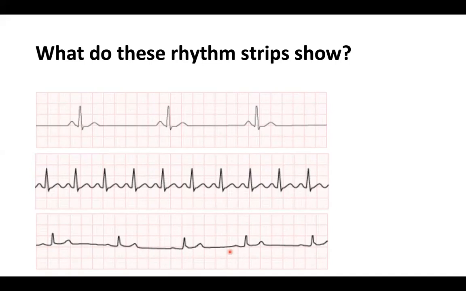And then the PR interval is about 6 small squares, and we check if it's the same here. It's actually about 5.5. So the PR intervals are also constant.